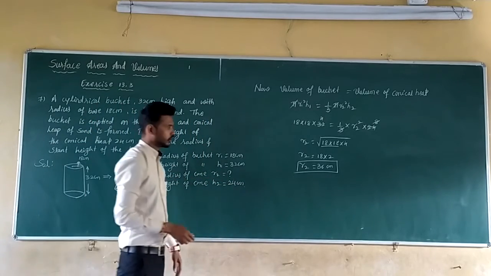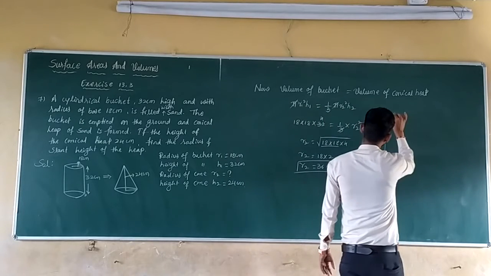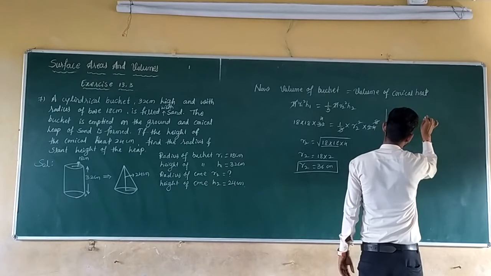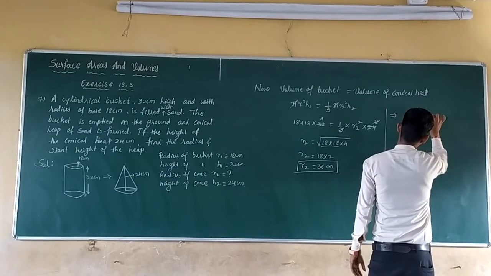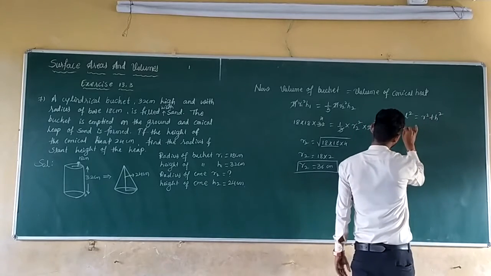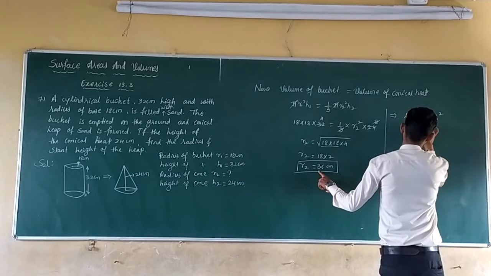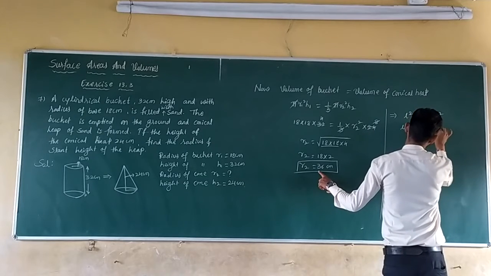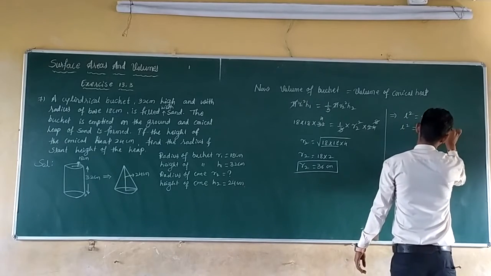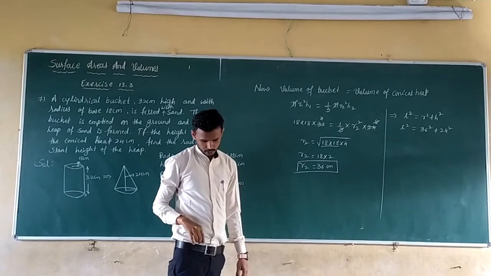Then again they said to find the slant height of the conical heap. For finding the slant height, you know the formula. L square equals R square plus H square. So L square equals radius of the conical heap, how much is there? 36 square plus height is 24 square. So multiply 36 into 36.